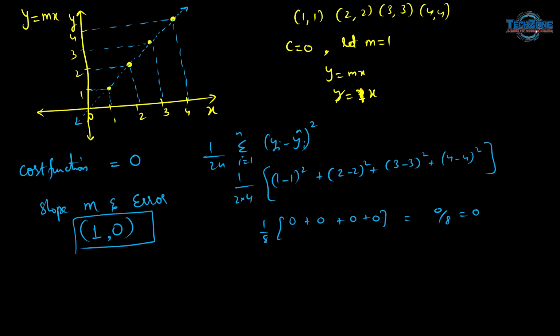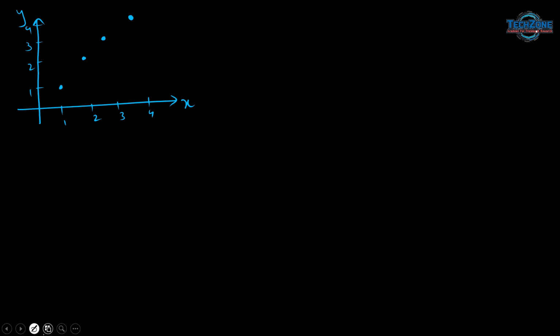Okay, let me just take another slide and draw the data points one more time. This is 1, 2, 3, 4 and 1, 2, 3 and this is 4, right? These are our observations. Now let m be equal to 2.